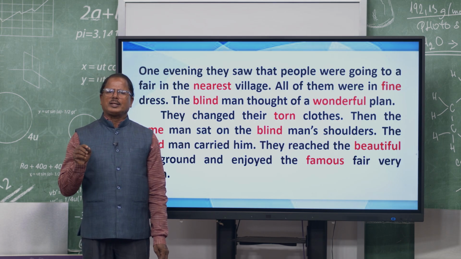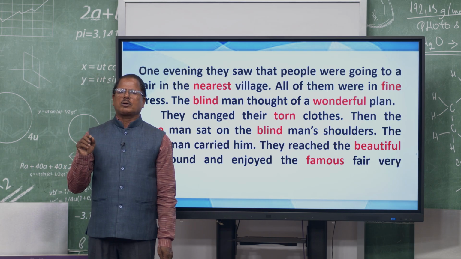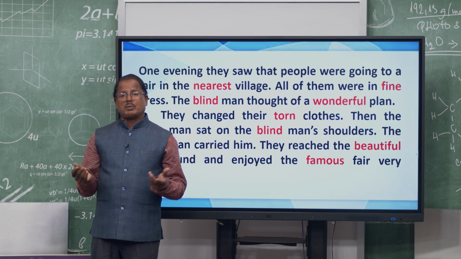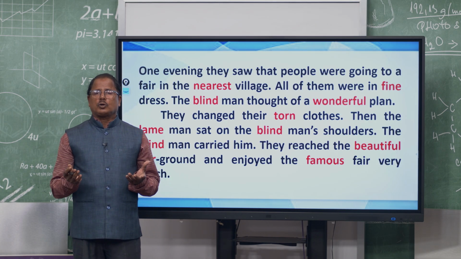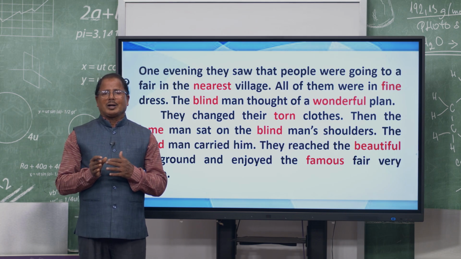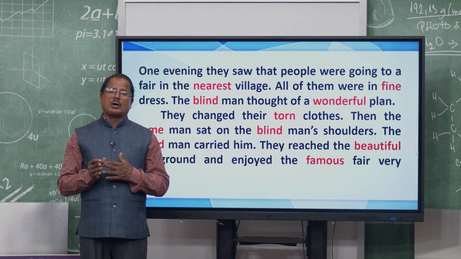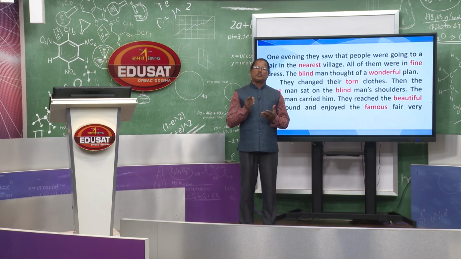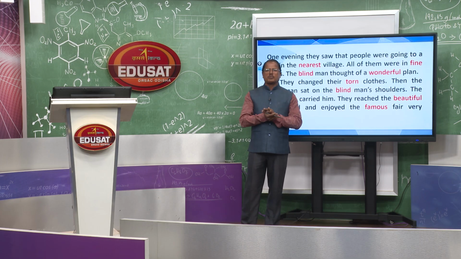Blind man, so man is the noun and blind talks about the man, how the man is: blind. Wonderful plan, so wonderful is the word that talks about the plan. Lame is the word that talks about the noun man, right. Beautiful fair, so beautiful is the word that talks about the fair, the ground. Famous fair, famous is the word that says something about the fair.